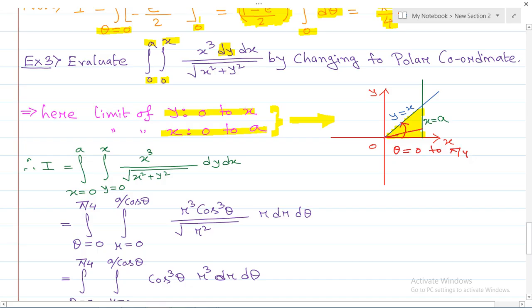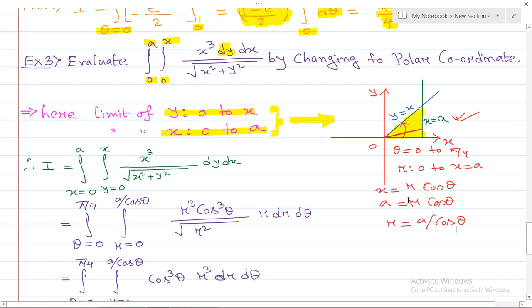If we consider this line as r, r is going from 0 up to the line x equals a. So x equals r cos theta, and putting x equals a, we get a equals r cos theta, so r is a upon cos theta. It is quite similar to the problem that we learned in the first problem.